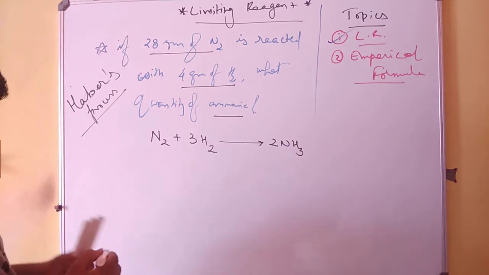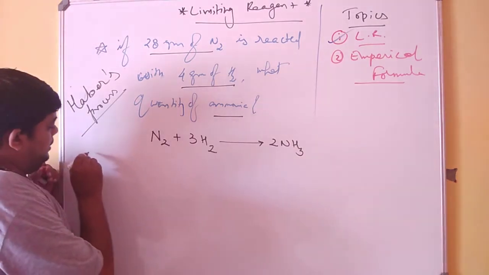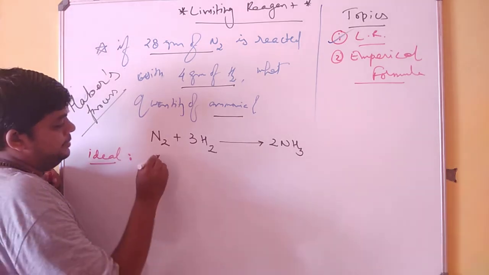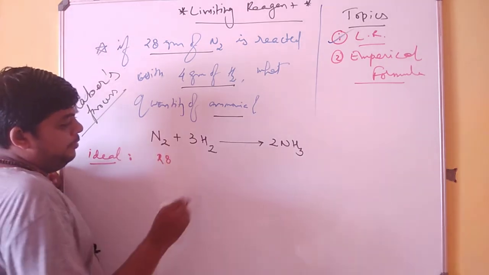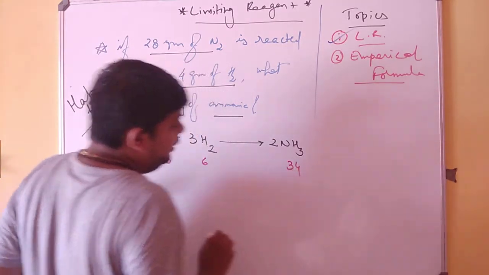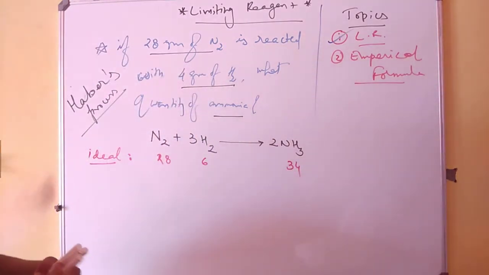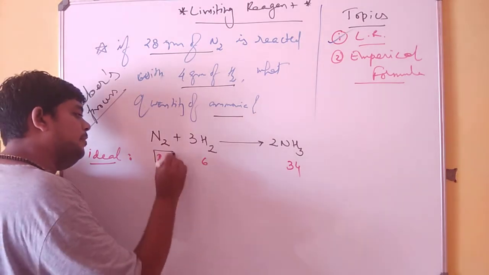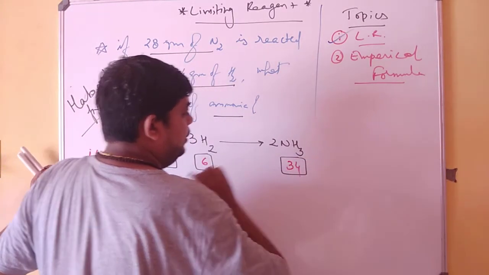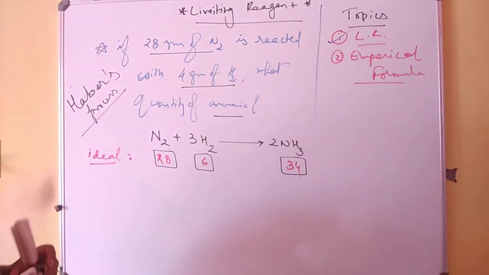Over here, ideal data is 28 gram of N2, 6 gram of H2 gives 34 gram of ammonia.